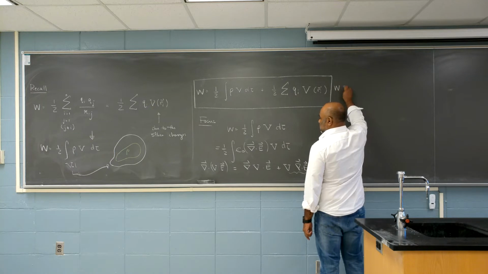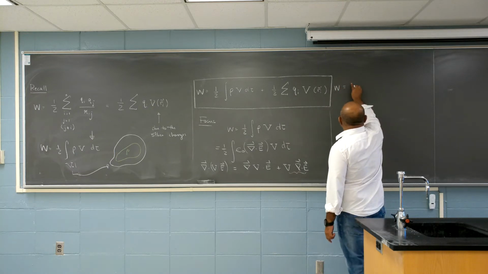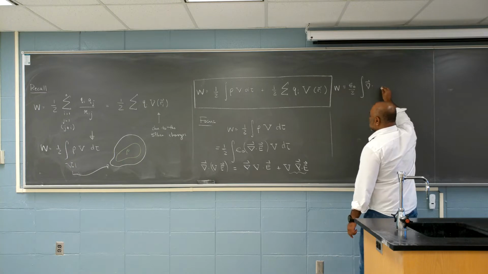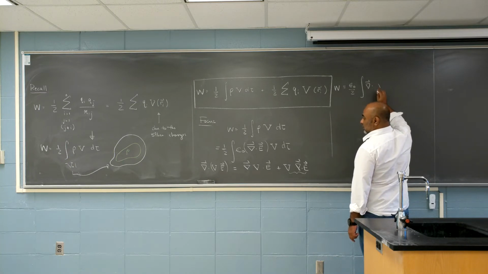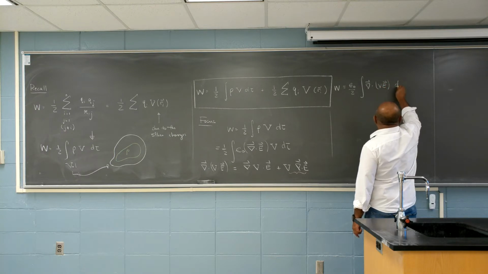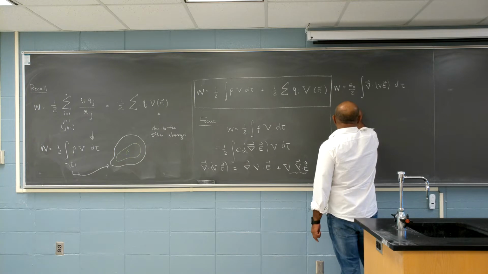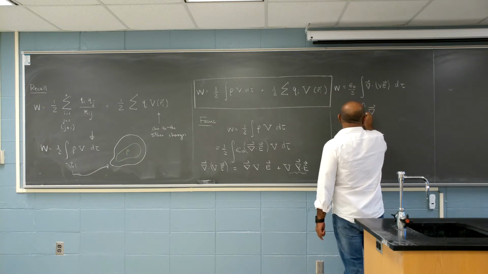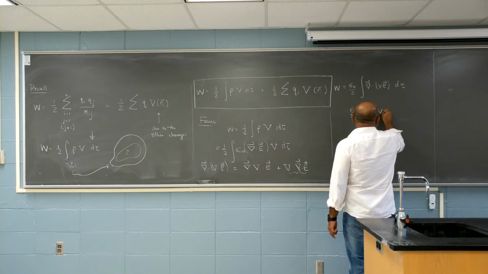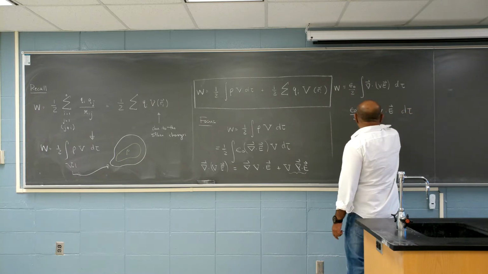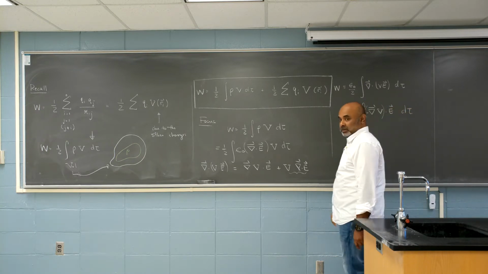So W is equal to epsilon naught over 2 integral of divergence of V E d tau minus epsilon naught over 2 integral of gradient of V dot E, in fact, bear with me, I just took the minus in here.